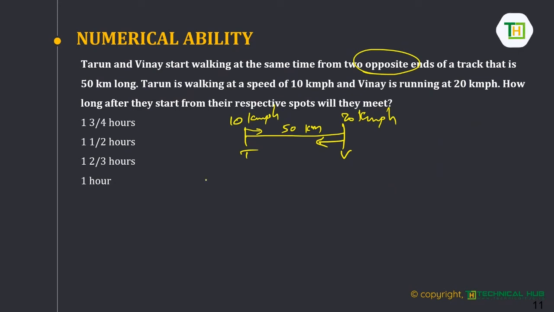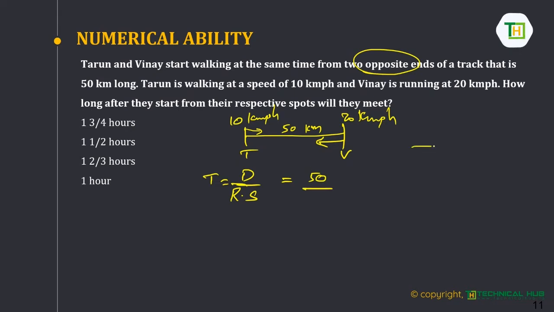So the question is the time period. As we all know, time is equal to distance by speed. And whenever direction comes into the picture, you need to use the concept of relative speed. Initially, at the start of their journey, the distance between the two persons, Tarun and Vinay, is 50 kilometers, divided by the relative speed.